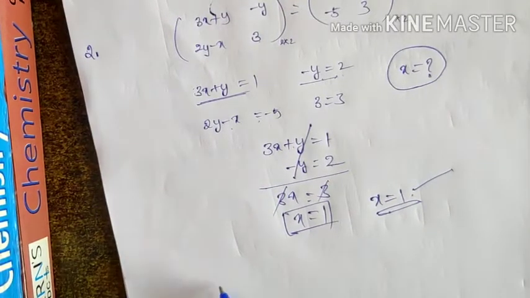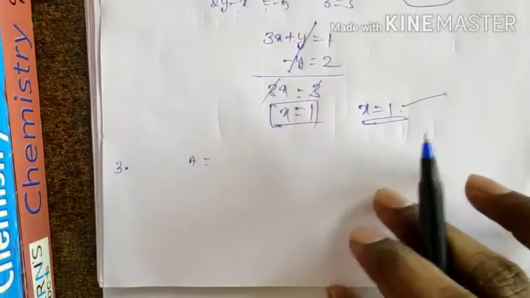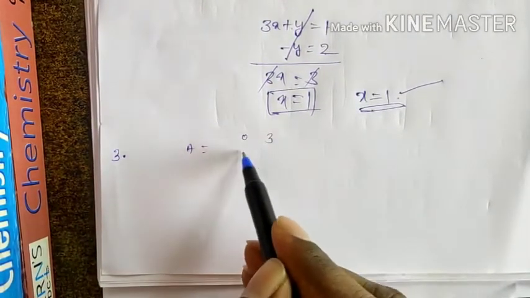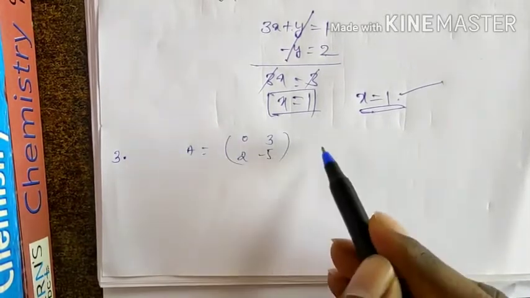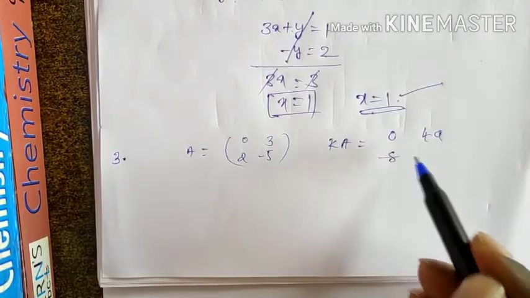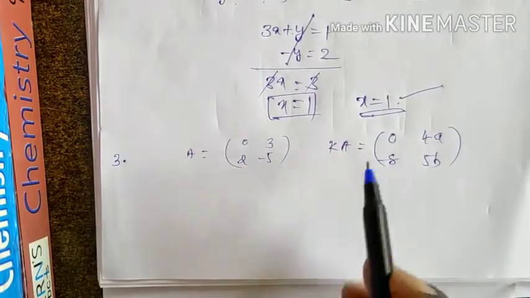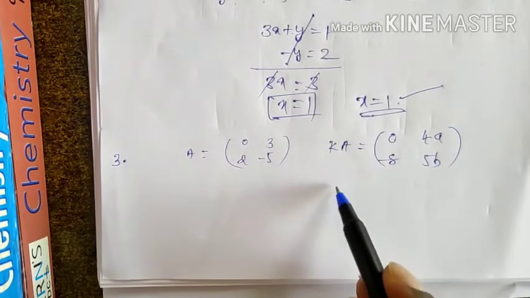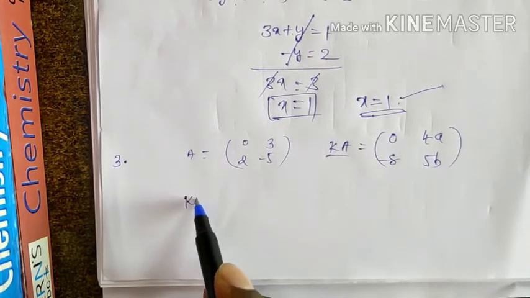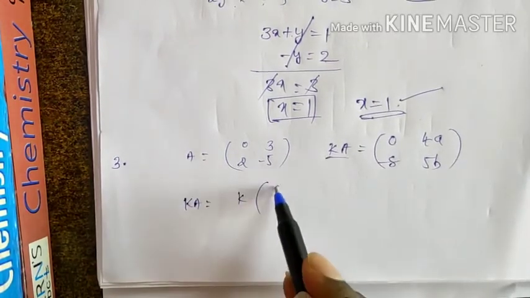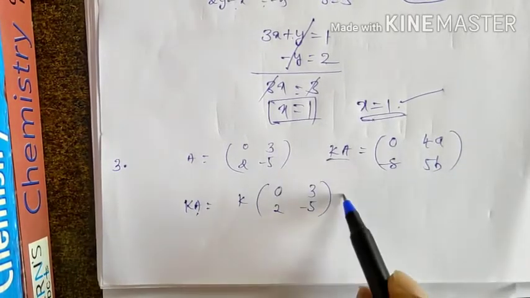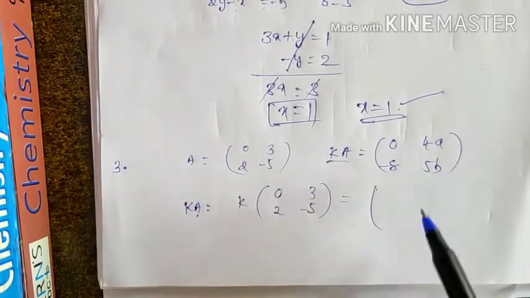So the third one: A is equal to [0, 3; 2, minus 5] and kA is equal to [0, 4a; minus 8, 5b], right? So based on this we can find them. First we consider k into A. K into 0 is 0.